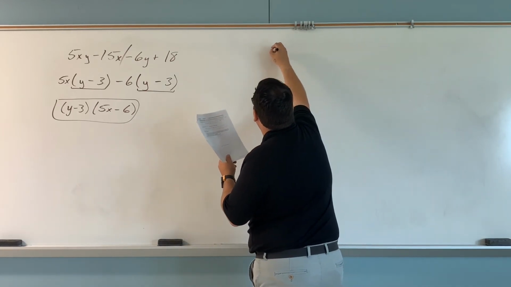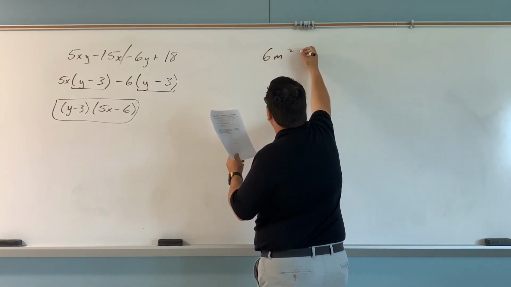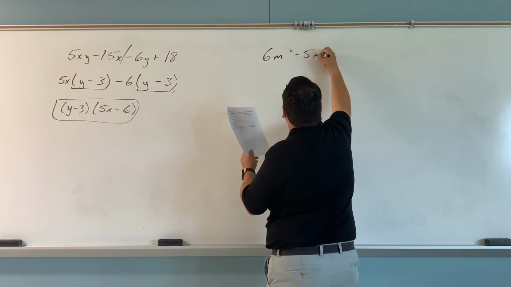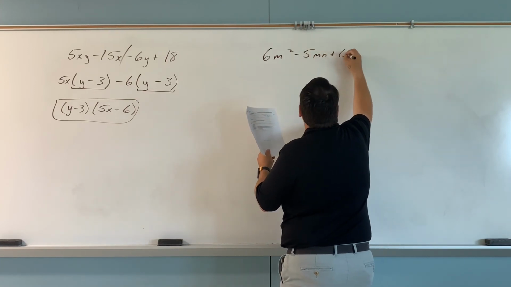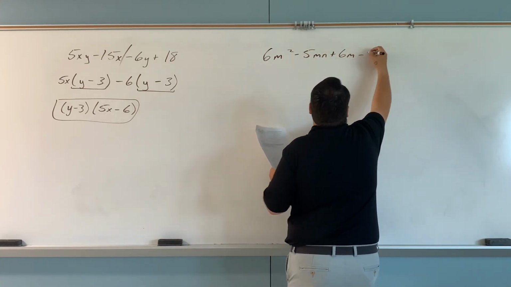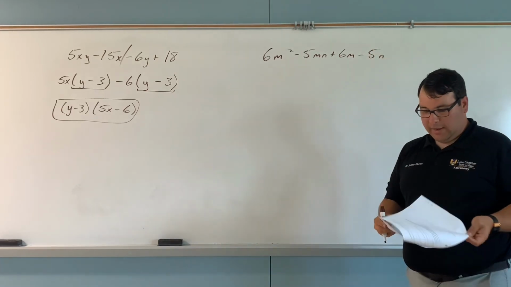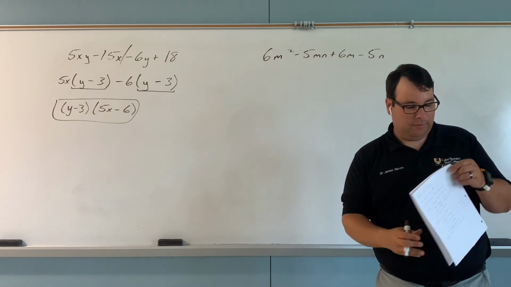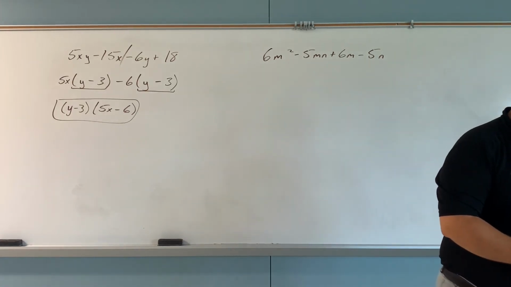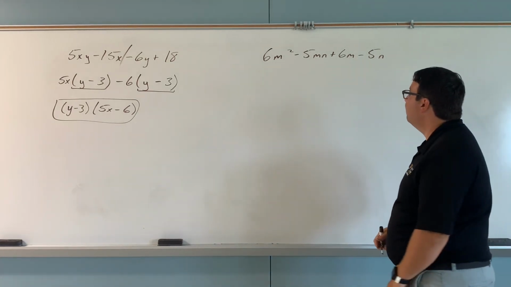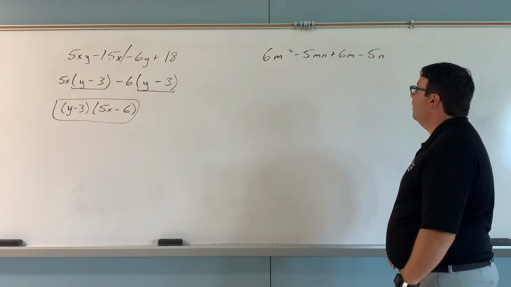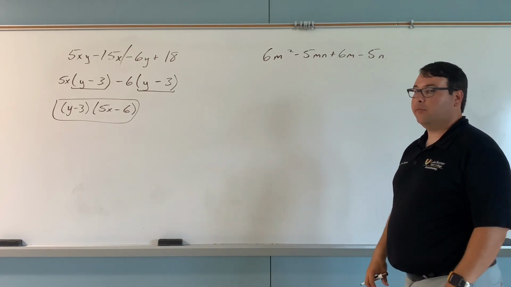So this next problem, I have 6m squared minus 5mn plus 6m minus 5n. Ask yourself, do I have anything in common between these terms? No. There's nothing that's divisible between them.